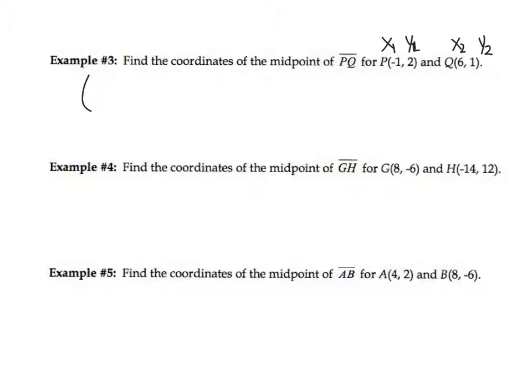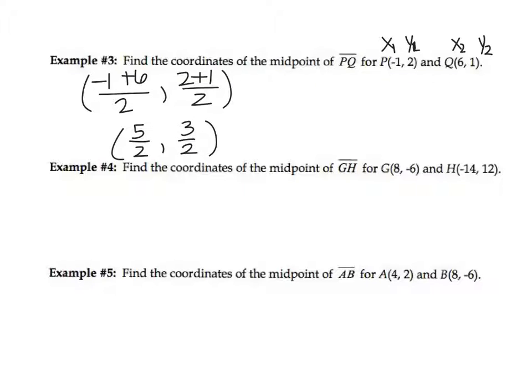I want to do -1 plus 6 all over 2, comma 2 plus 1 all over 2. -1 plus 6 is going to give us 5 over 2, and 2 plus 1 is going to give us 3 over 2. So my midpoint is at the point 5 halves, 3 halves. I prefer you leave it as a fraction, but if I write it as a decimal, it's the point 2.5, comma 1.5. Both are acceptable, but I prefer you leave the answers as fractions.